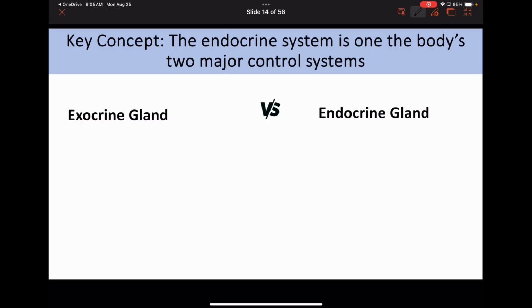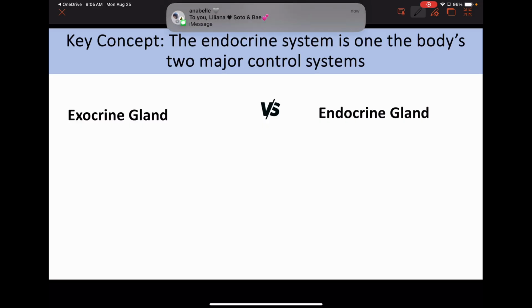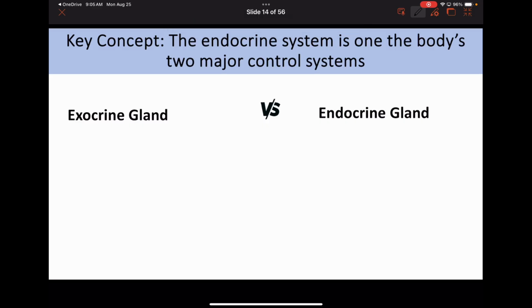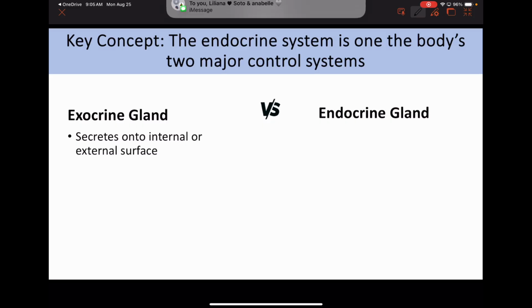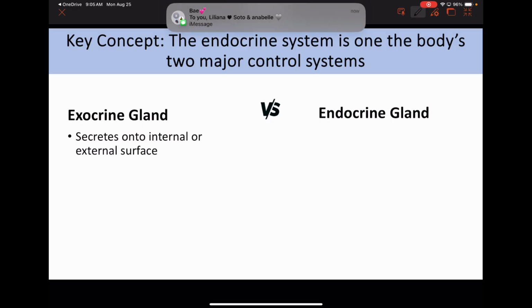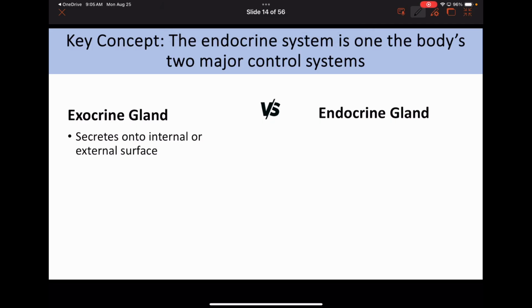All right, exocrine versus endocrine glands. This is review. You should know this already. You learned a little bit about glands in B32. So an exocrine gland secretes onto an internal or external surface. You learned all about exocrine glands in B32, like our sweat glands, the eccrine glands and apocrine glands, or our sebaceous glands, the ceruminous glands with the earwax as well.